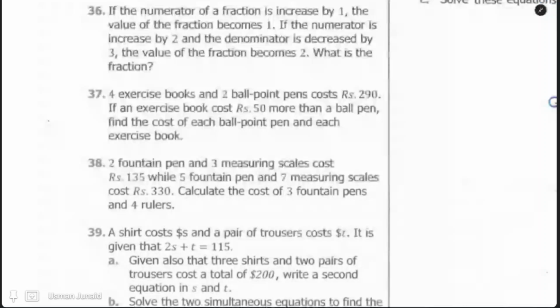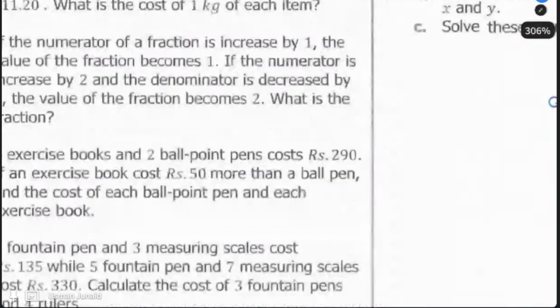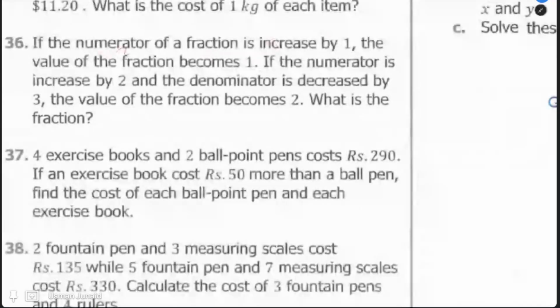So if we add one to the numerator and the numerator is increased by 1, so x plus 1 over y gives you 1, yes?